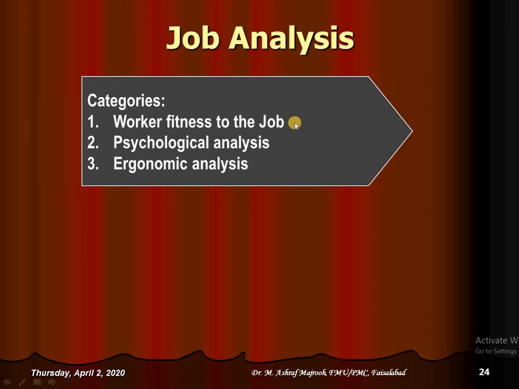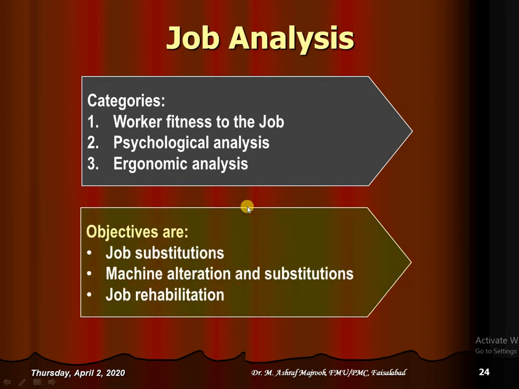This analysis is for fitting the worker to the job, and then psychological analysis for the psychological support of the workers, then ergonomic analysis for fitting the workers to the machine. So these are the various analyses done, job analysis.